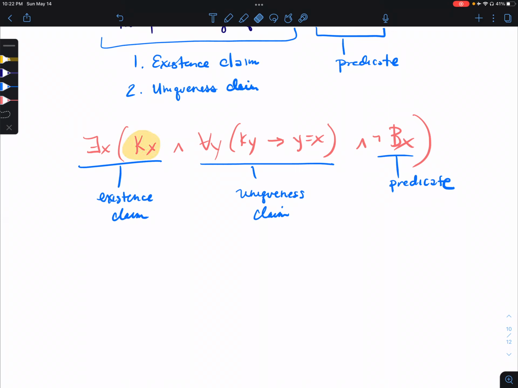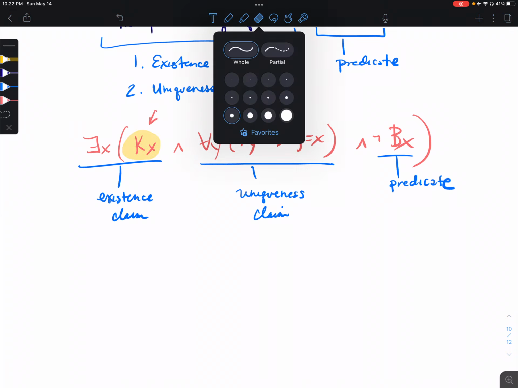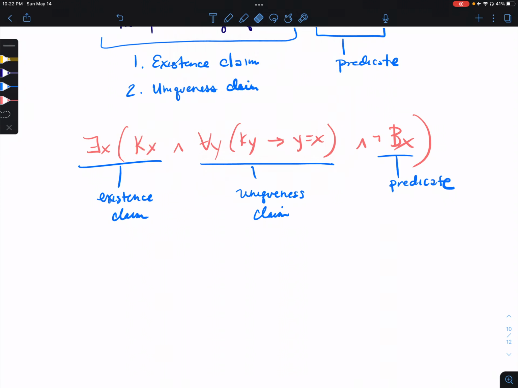And it's true that either, let's see, let's pick a new color here. Let's call everything in the parentheses here, let's just call this P. Well, it's true that P or not P. It's true that either there exists an X such that X is the king and the only one, anything else that also satisfies that description is the same thing, and that thing is or isn't bald, whichever thing you say.